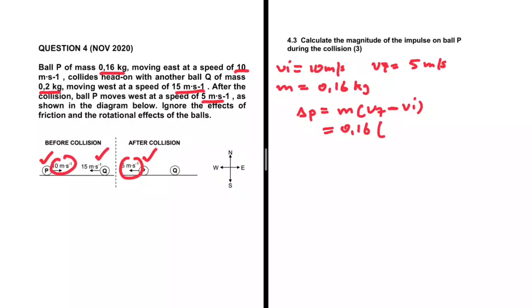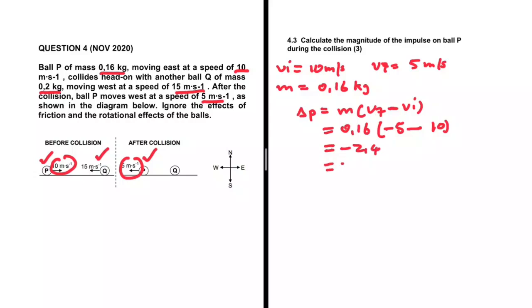The final velocity is 5 meters per second to the west. So that is minus 5. Minus VI, 10 meters per second to the east. So it's just going to be minus 10. So the change in momentum is going to be equals to minus 2.4.